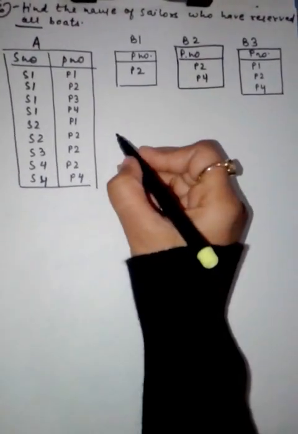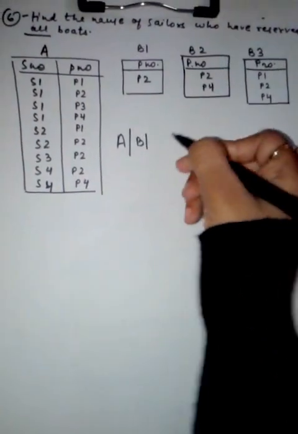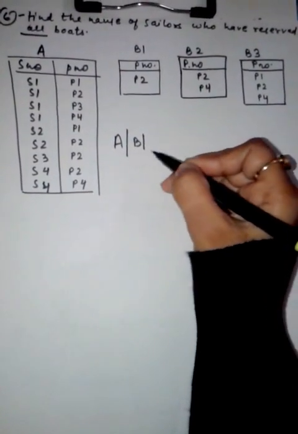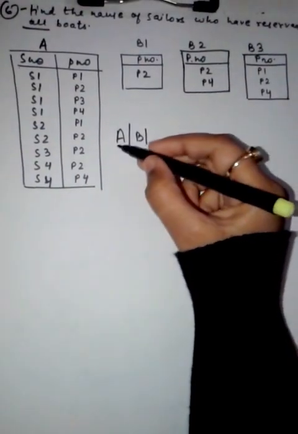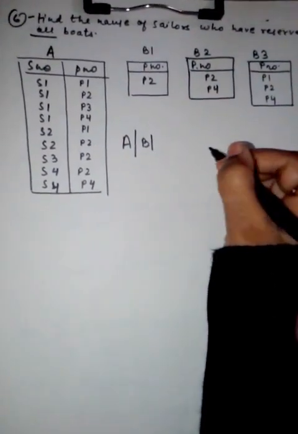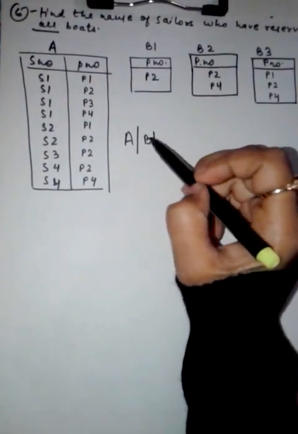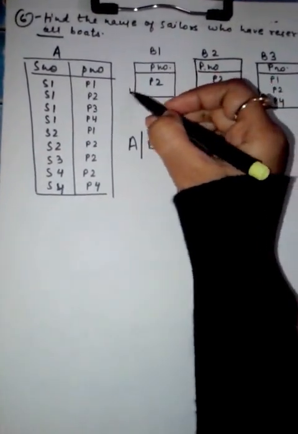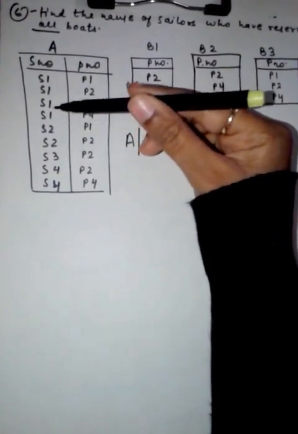If we have to perform A divided by B1, what will be the result? First of all, we have to check whether P2 is present for each seller number or not.